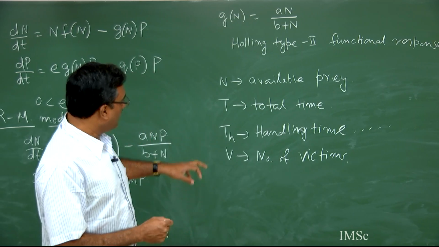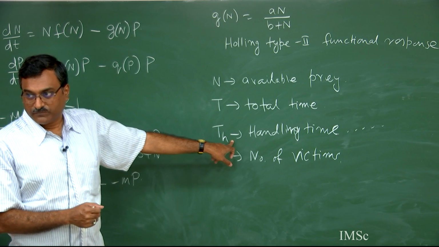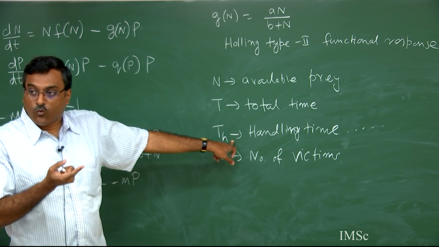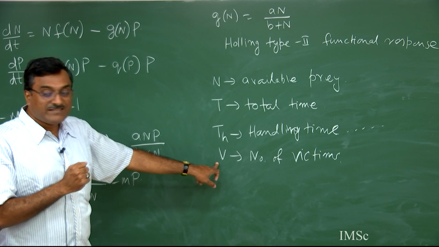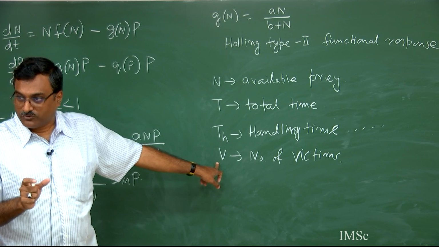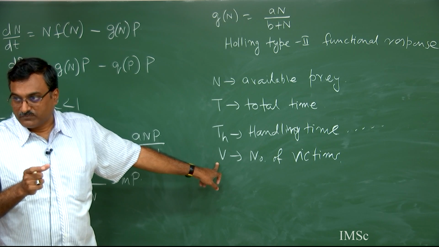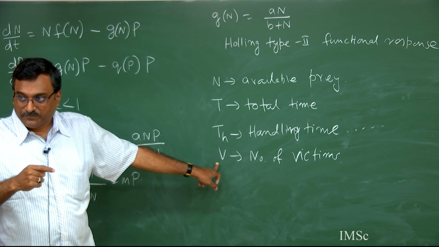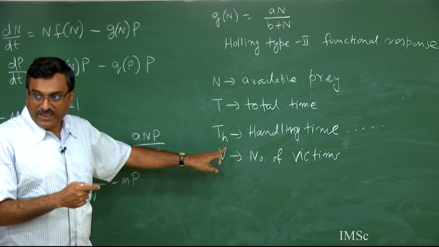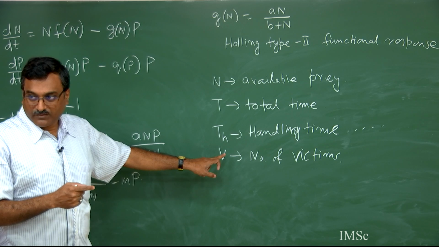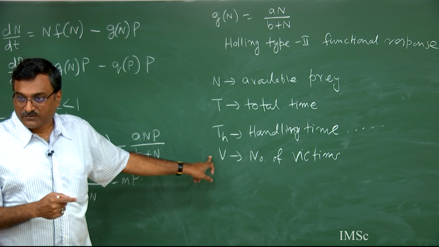So TH is the handling time for handling one prey by the predators. V is the total number of prey caught. So that means the total time they have spent to catch V number of prey will be TH into V. Right.